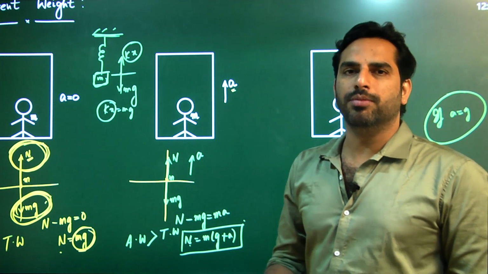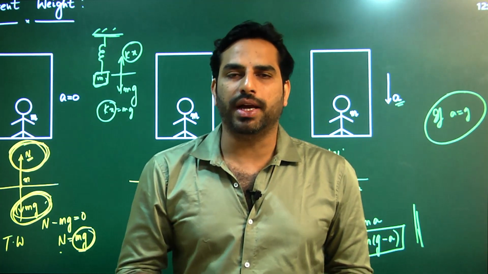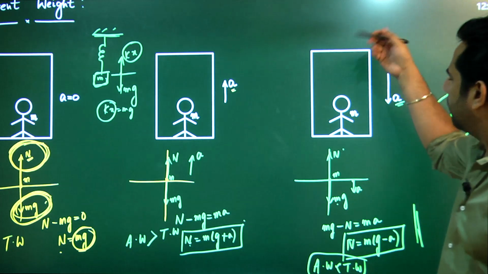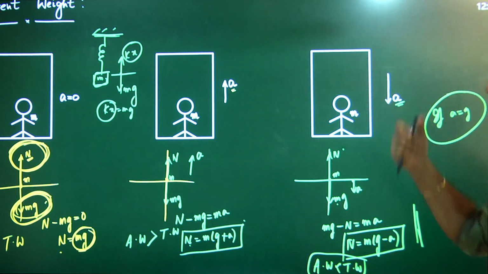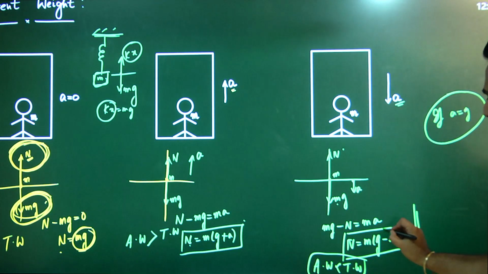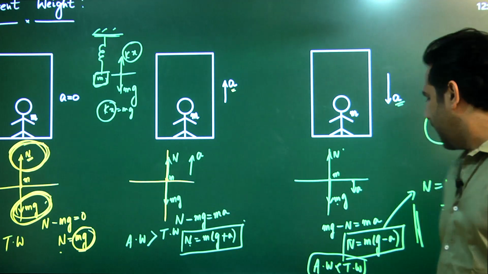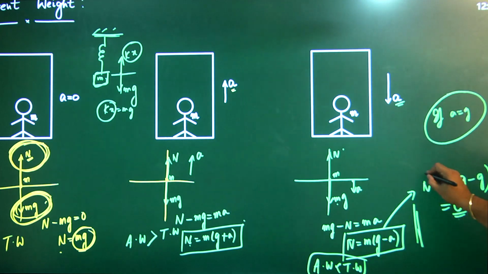Only for a freely falling body, the acceleration experienced by it will be equal to g, isn't it? It's like the cables of this elevator are cut and the elevator is experiencing free fall. a is equal to g. In that case, what is N? N is equal to m into (g minus g), which is 0.